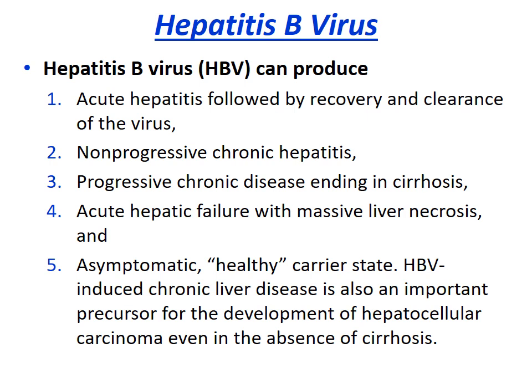Acute hepatic failure with massive liver necrosis can also occur, and an asymptomatic healthy carrier state can also develop. HBV-induced chronic liver disease is also an important precursor for the development of hepatocellular carcinoma, even in the absence of cirrhosis. So it can produce 4 types, both non-progressive as well as progressive chronic disease.